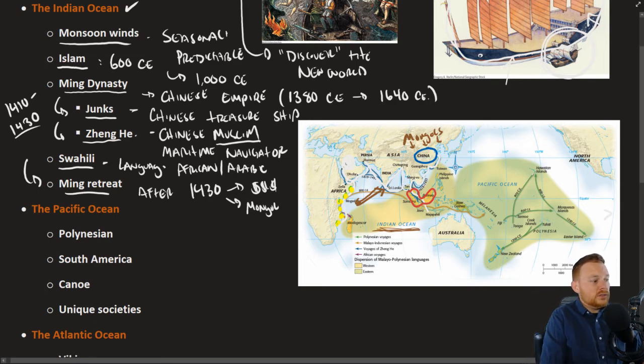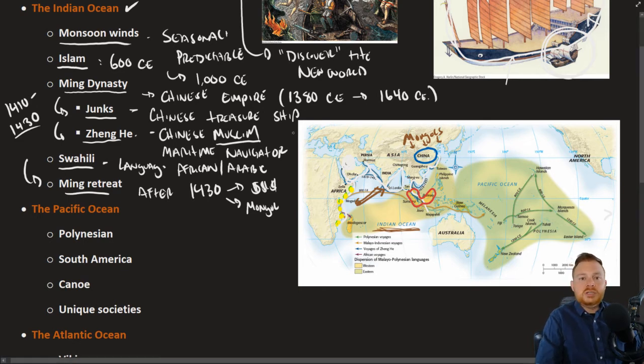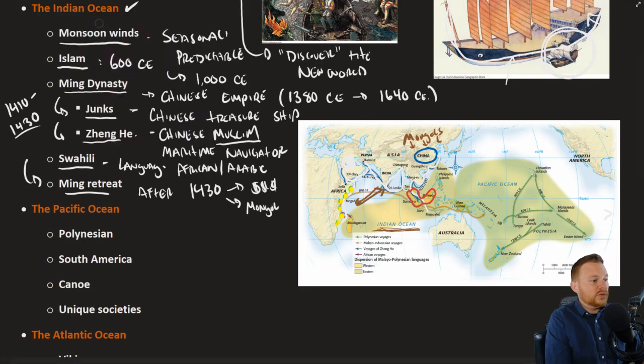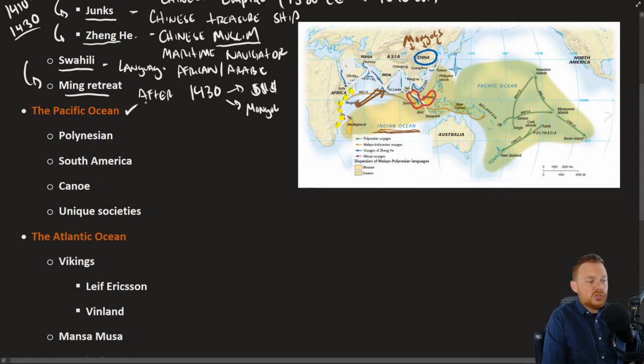So the Ming Dynasty retreated, and after 1430, there was really no centralized power that had control of the Indian Ocean, essentially leaving a vacuum for later Portuguese explorers to come and fill. In the Pacific Ocean, a little bit less traveled, but not completely empty.